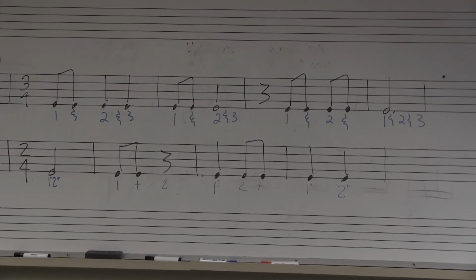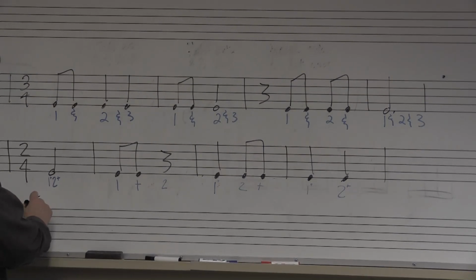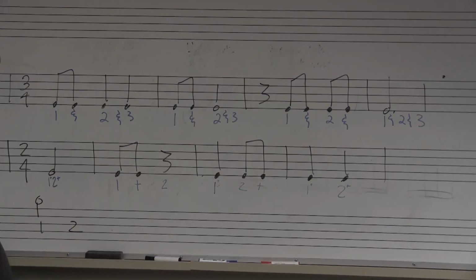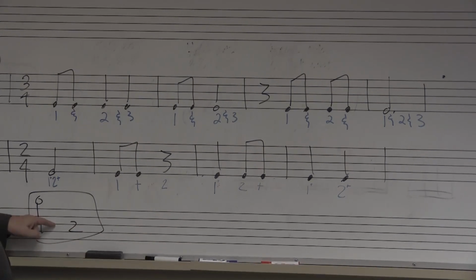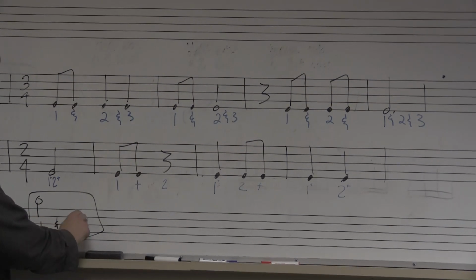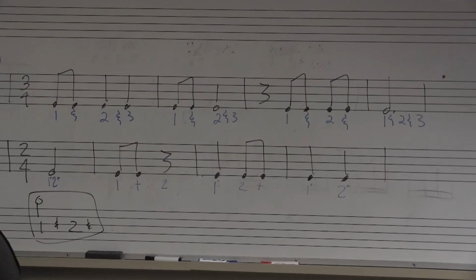I have a question for the 2/4 though. If it's just 2, why are we putting and after the 2? Well, if you have 2 beats, 1, 2, right? That gets both beats, right? And the spaces in between the beats is an imaginary and. Oh, okay.